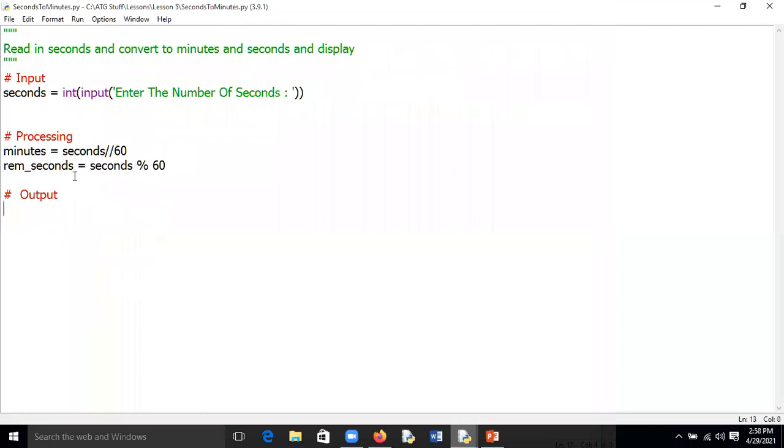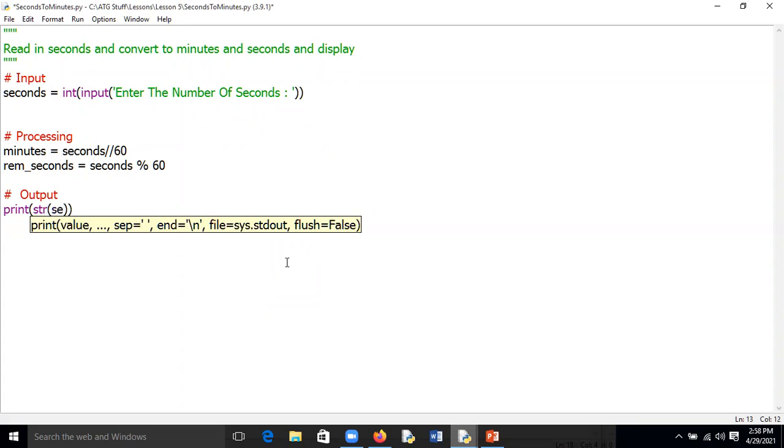So I'm going to come here and output that now. So we want to output it in minutes and seconds. Okay, so we're going to say print. And once again, I'm making it as user-friendly as possible. Seconds, whatever the user entered, 150 seconds equals plus.